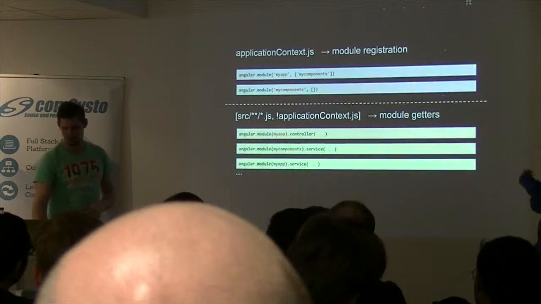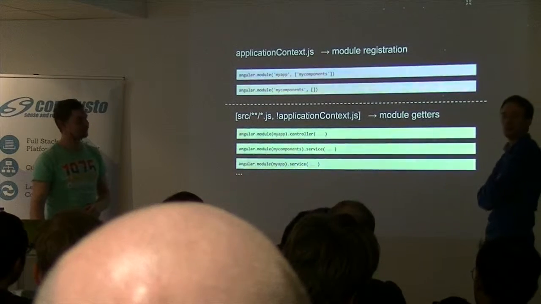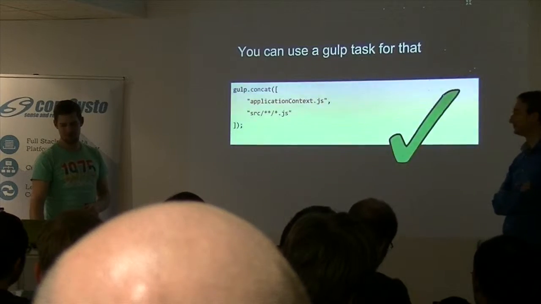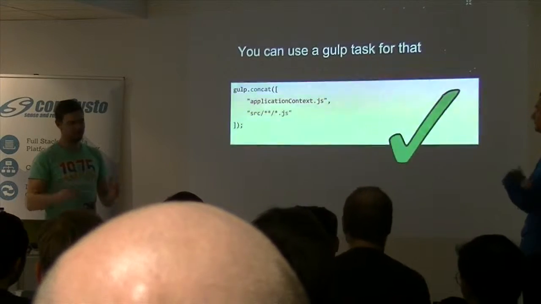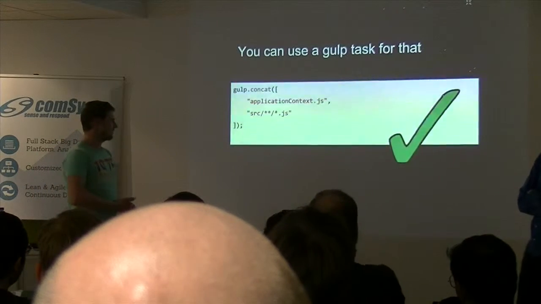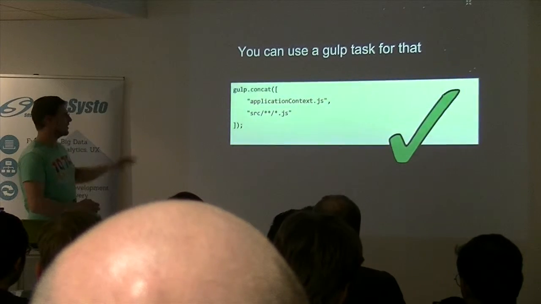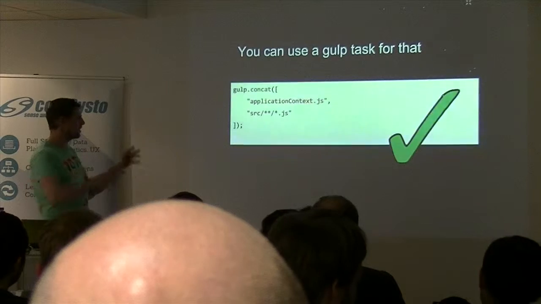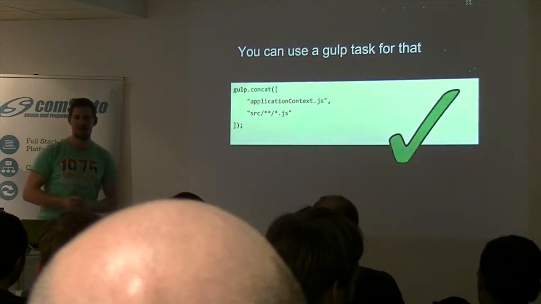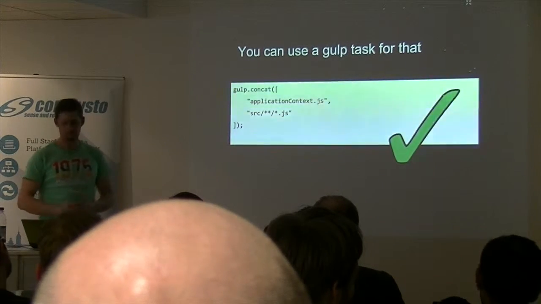The result would be an app.min.js, but in the correct form, right? A possible concatenation could be: don't care about AMD, just load the JavaScript files like that. You have the module definitions and then all other JavaScript files in the source folder.